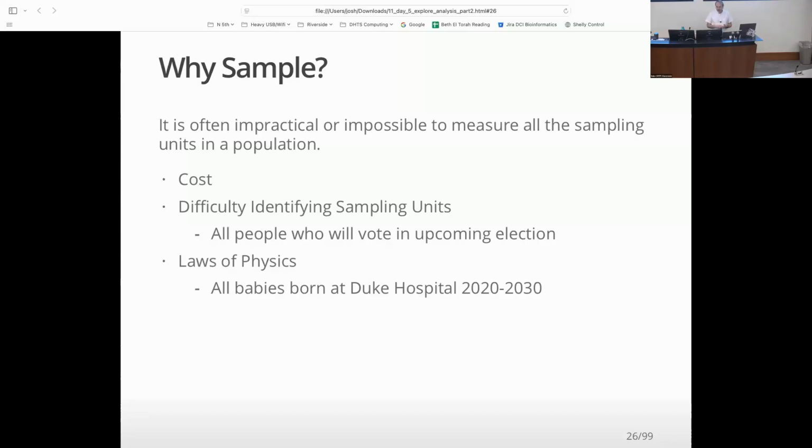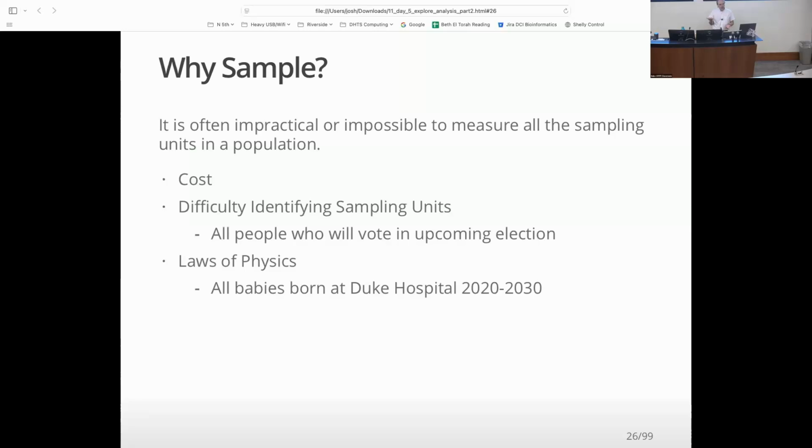Let's say my population is all the babies born at Duke Hospital between 2020 and 2030. I want to know that now so that I can plan how many beds I'm going to have in labor and delivery, or how many pediatricians I want to hire, things like that.